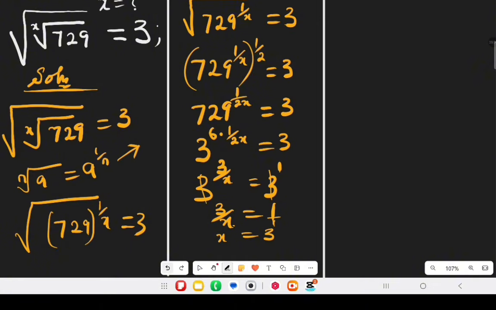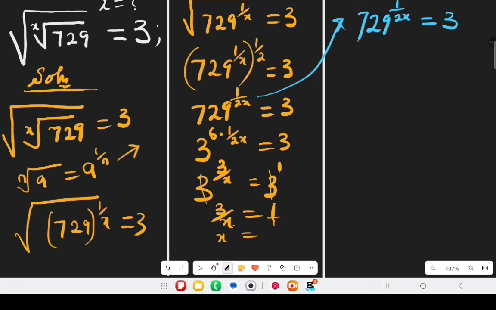Another way of solving it is by following the same process up till this point, which is 729 raised to the power of 1 over 2x equal to 3.